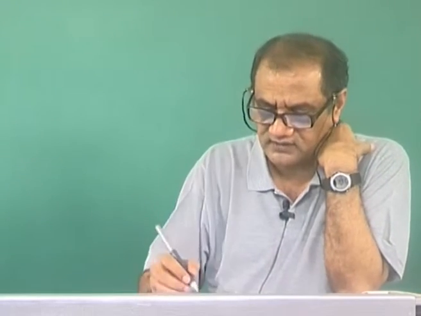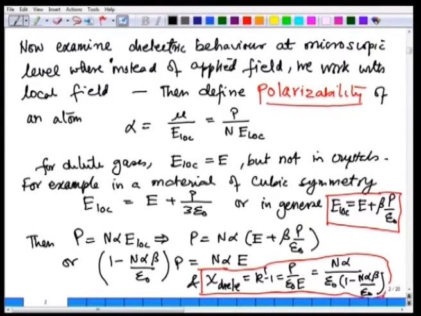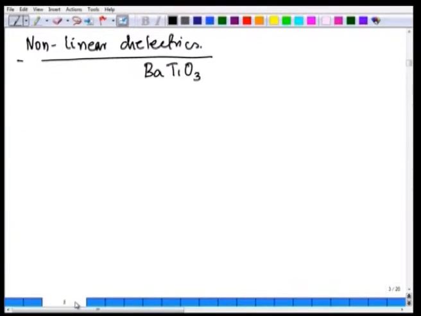So today let us look at this particular material to explain what non-linear dielectrics are, and as we do, we are going to then generalize our ideas using this as a material, and mathematically we will connect the dielectric behavior of this material with this expression which we have derived right here. So I am going to connect back to this. So let us start with this.